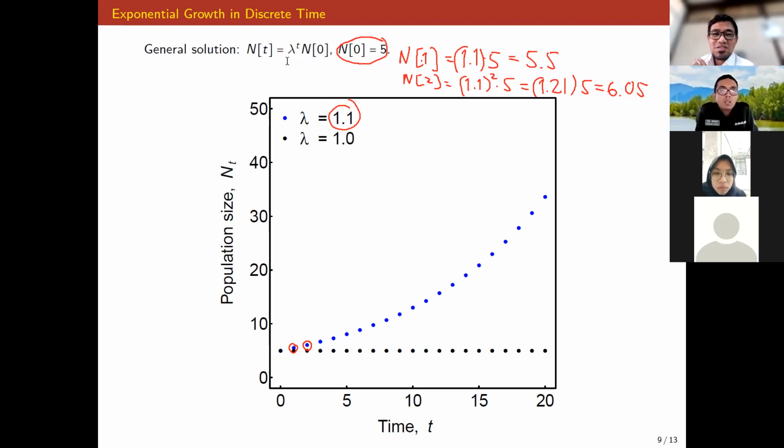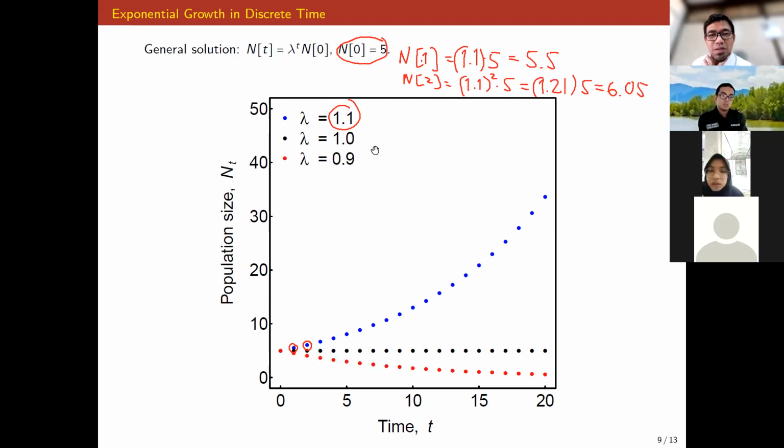So if we have N_0 in the beginning, in the next one it is always N_0. So for lambda 1, we always have 5, or we can say it is constant.